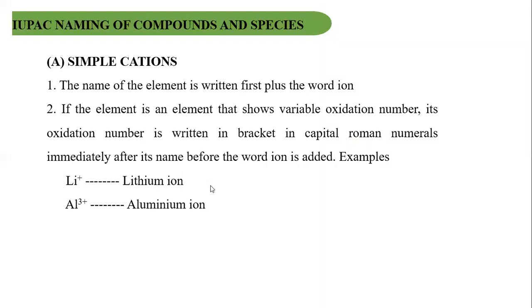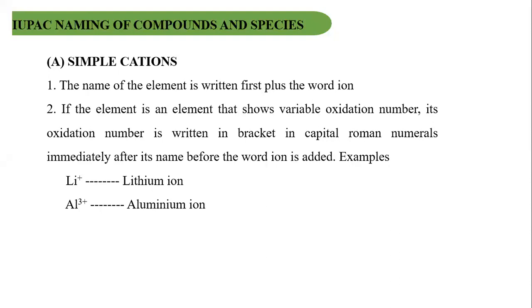All right, look at the second rule on your slides. Do you have the slide with the heading IUPAC naming of compounds and species, A, simple cations? Look at the second rule.